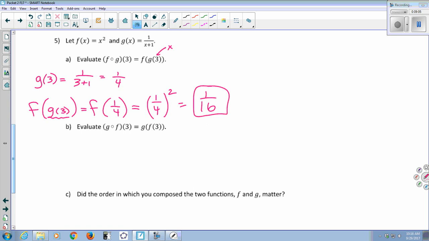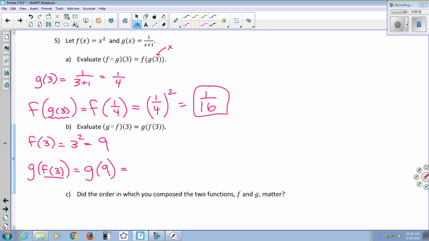All right, let's reverse the order. Now I'm going to do g composed with f of 3. That means 3 is still my x value, but I'm going to plug it into f first and then plug the result into g. So first I'm going to evaluate f of 3. That would be 3 squared, which is 9, which means that g of f of 3 is really g of 9, just replacing f of 3 with the value I calculated a minute ago.